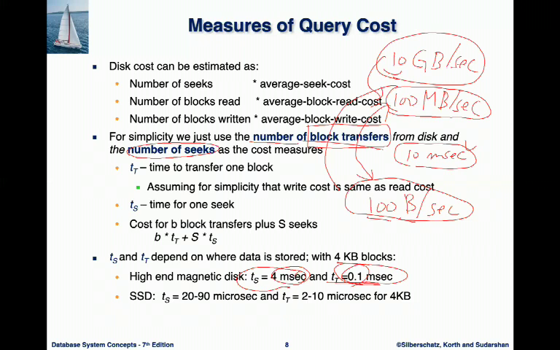Roughly speaking, if you are reading blocks consecutively, then the bandwidth is about 100 megabytes per second. Fast ones are about 200 megabytes per second, so let's assume 200 megabytes per second. And each block is about 4 kilobytes.